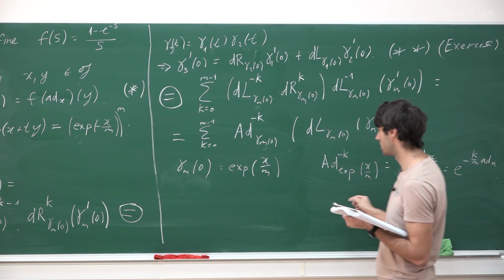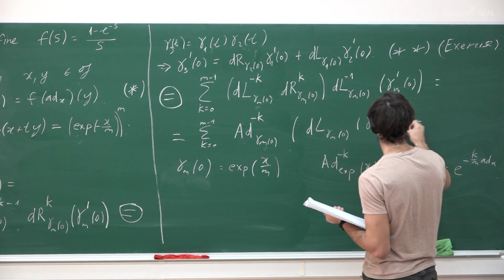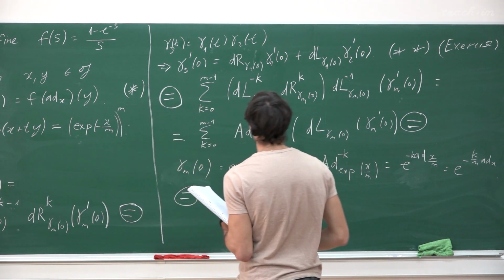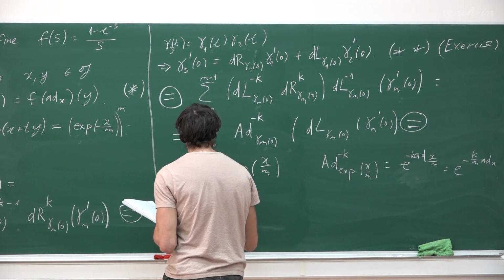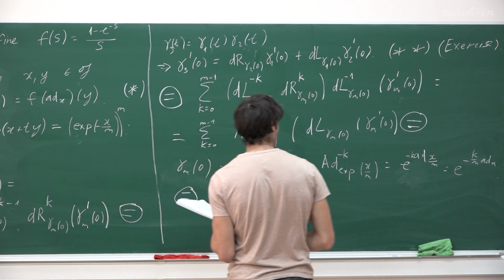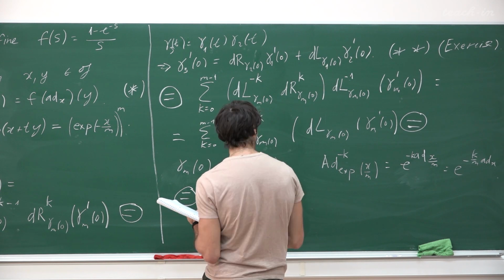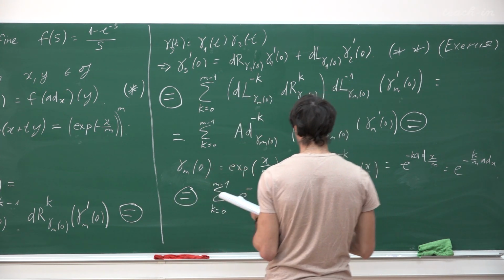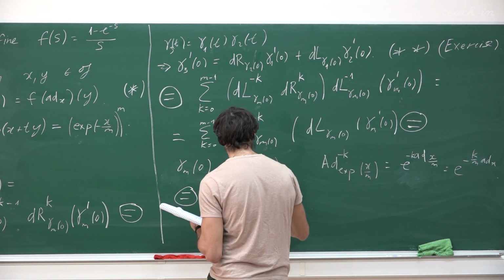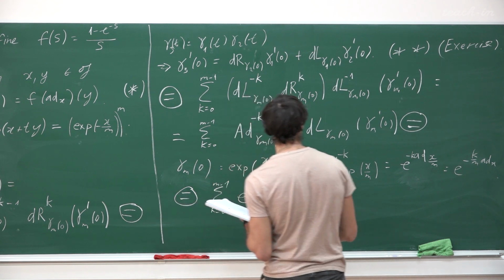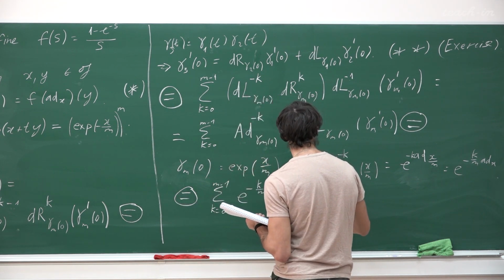So let me use this now. I continue. So it's the sum over k from 0 to m minus 1 of e to the negative k over m ad x applied to this thing.